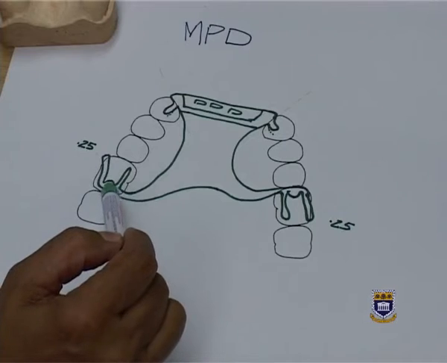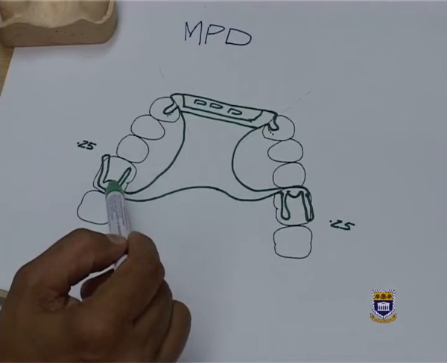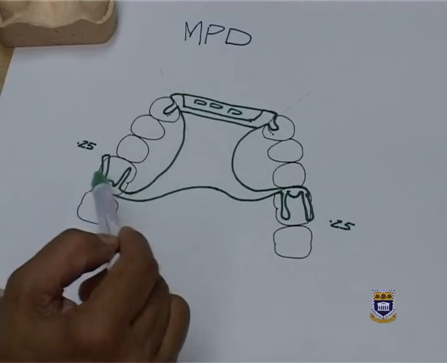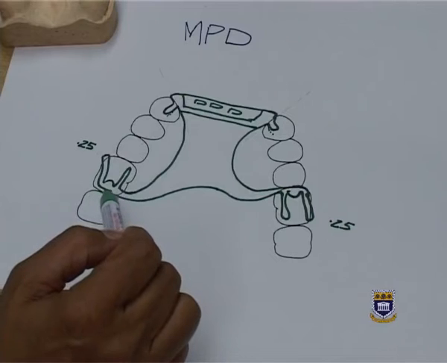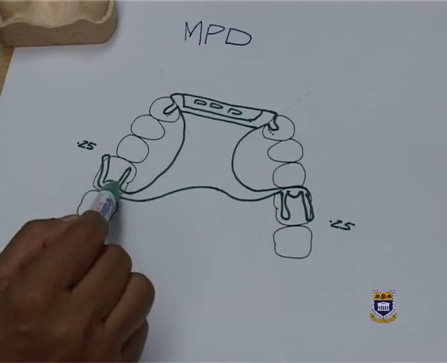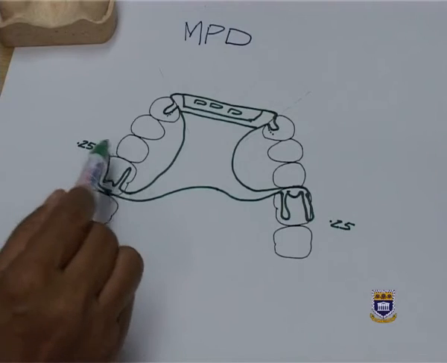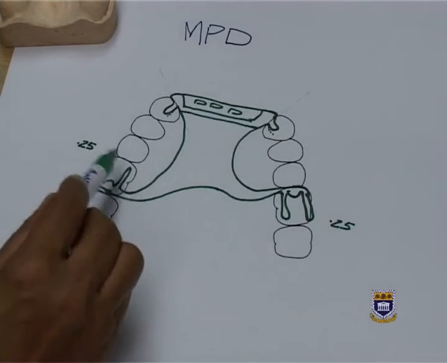I've got my 2 clasps, my retainers, and remember 1 clasp in each quadrant. I have drawn the open components to show the technician that this is a metal partial denture. I'm using a circumferential clasp on the molars. A circumferential clasp can only be used on molars.